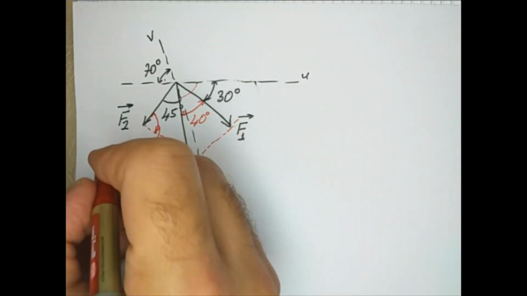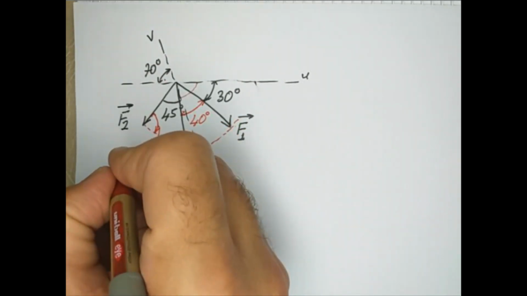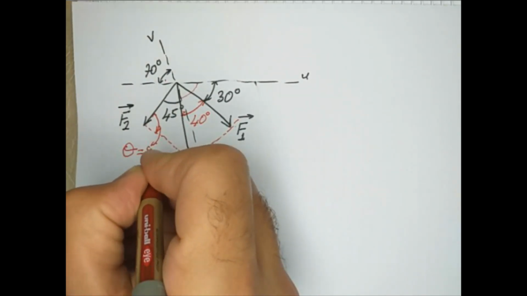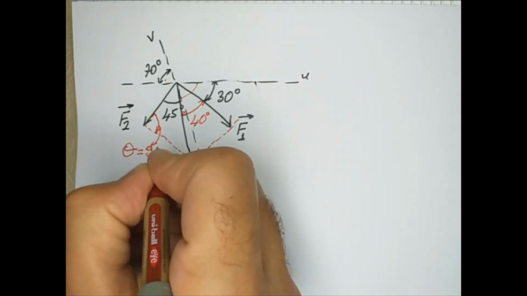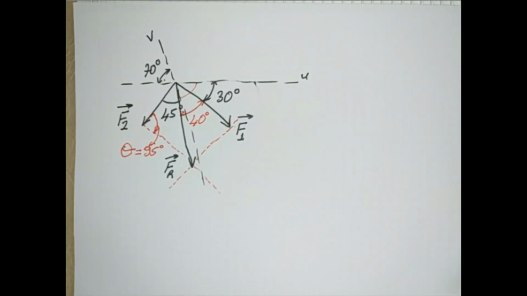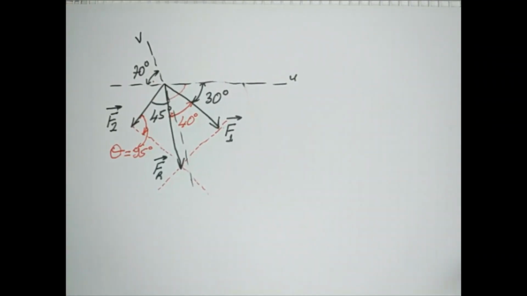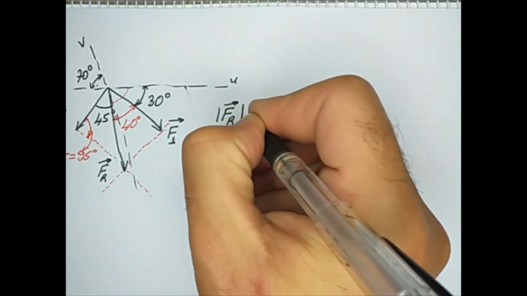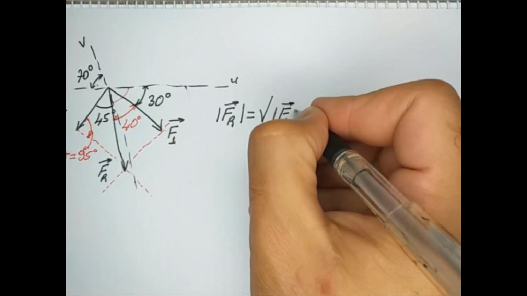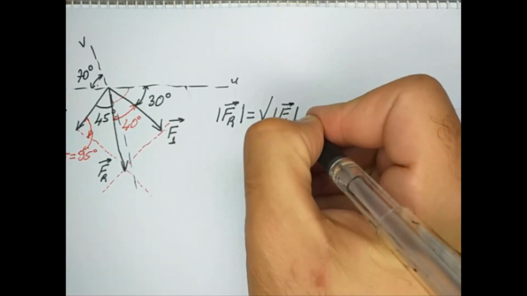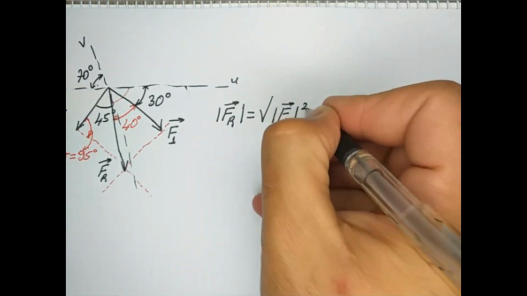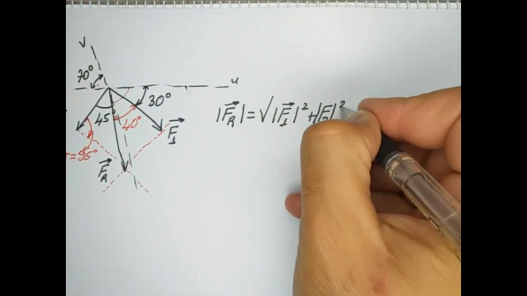Now I can write the cosine theorem. So the magnitude of the resultant force is equal to the square root of F1 squared plus F2 squared minus 2 multiplied by F1 multiplied by F2 multiplied by cosine theta.